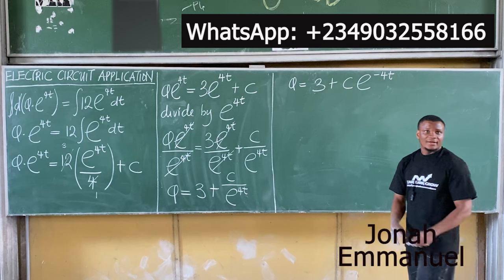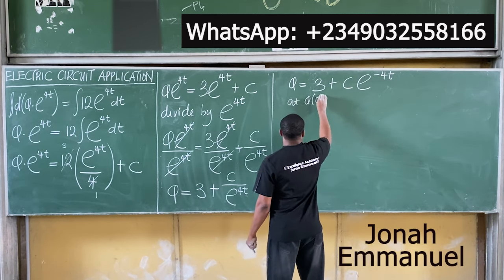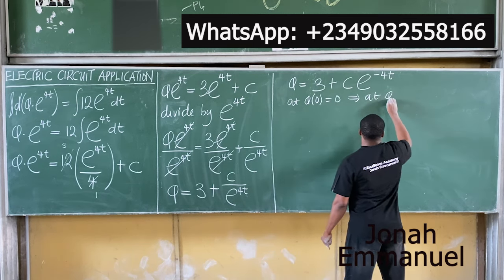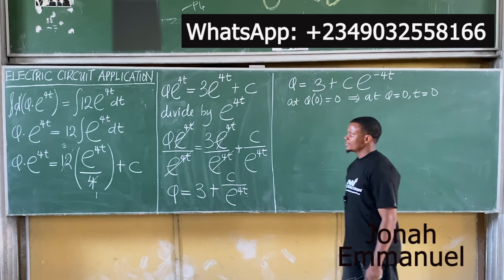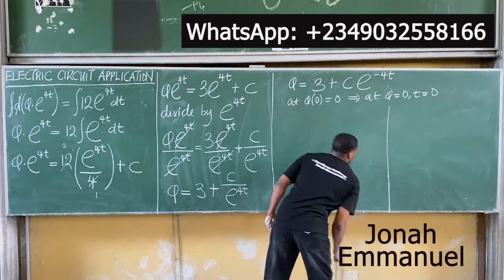They give you a condition there, that q of 0 is equal to 0. What does this mean? This means that at q equal to 0, t equal to 0, the initial stage. So let's impute that value here.